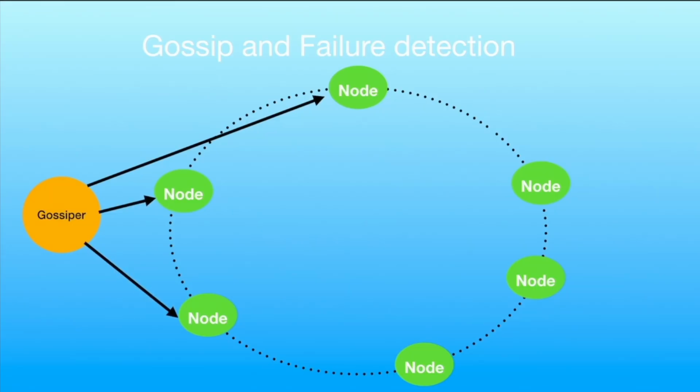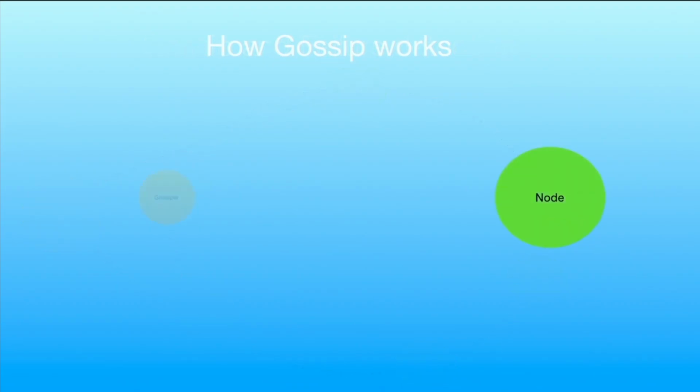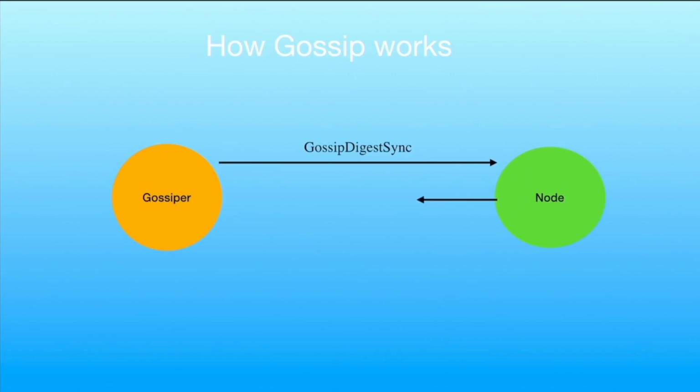So how does the gossiper work? The gossip protocol works something like this. There is a node which stores the data and there will be a gossiper node. The gossiper node will keep on pinging the node at regular intervals with a gossip digest sync message. If this node is healthy, it will revert to the gossiper with a gossip digest acknowledgement message.